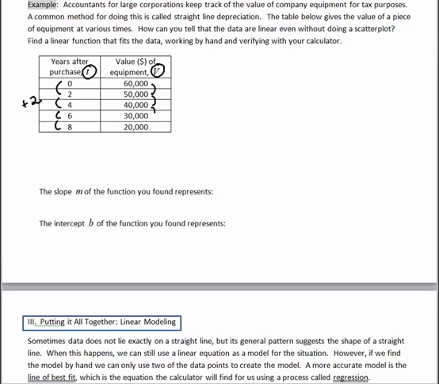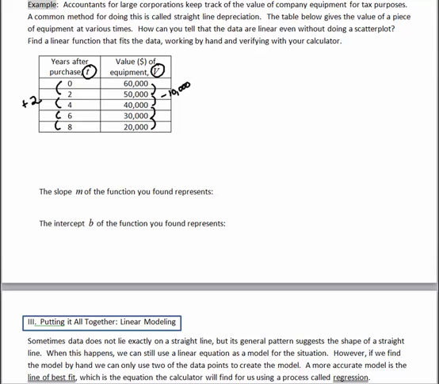And at the same time, the dependent variables, the V's, decrease by 10,000 every time. When consistent changes in the input variable result in the same constant change in the Y variable or output variable every time, that tells me that the data is linear even without doing a scatter plot.